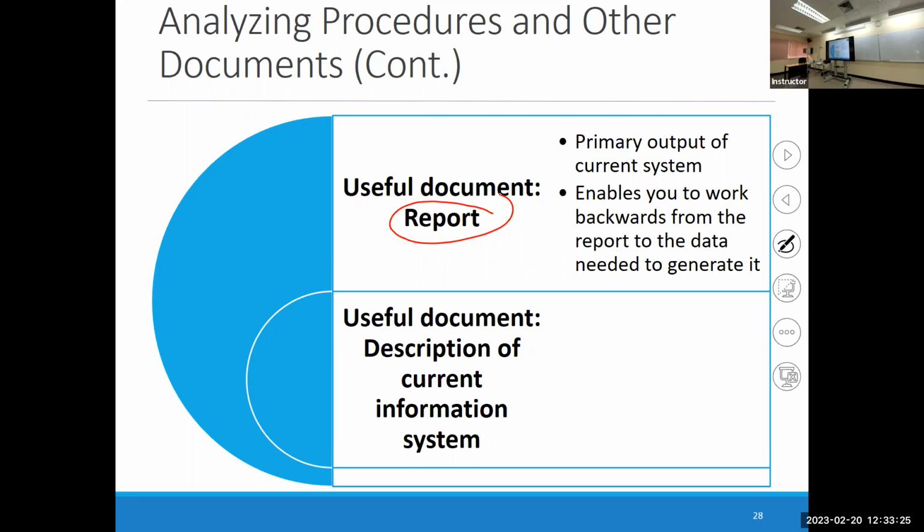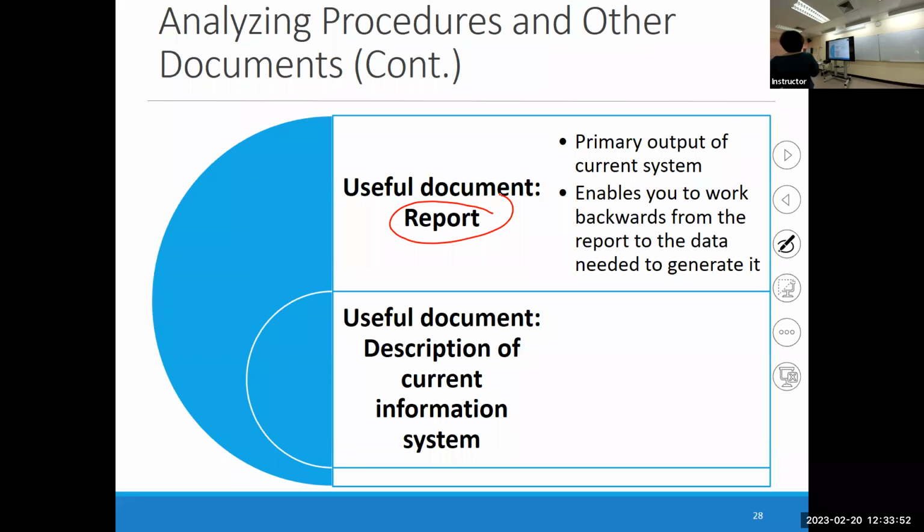But again, as I said, existing reports may be out of date. They may have only what they could have, but they want more. So these types of existing reports give you some understanding of what they have been doing, but you can always ask for additional ones or what they have in mind or what they want more or not.